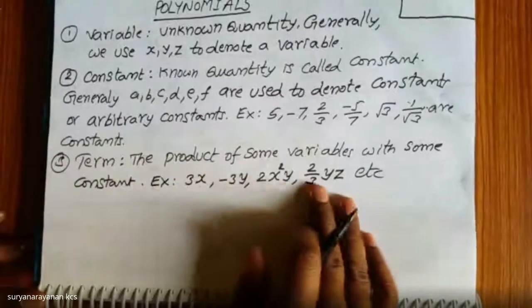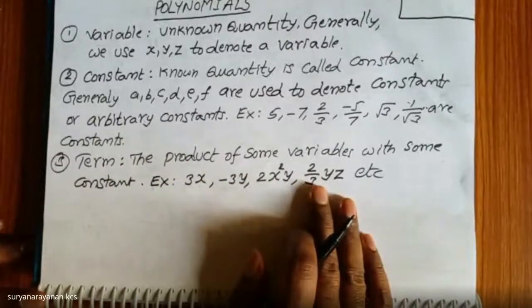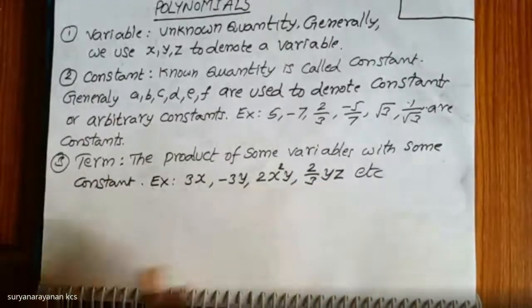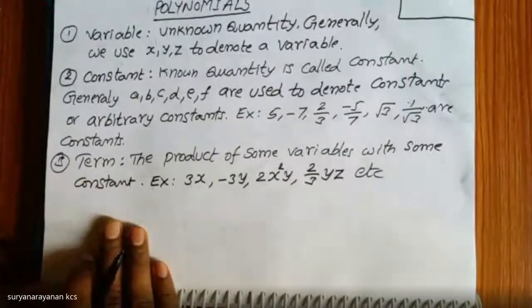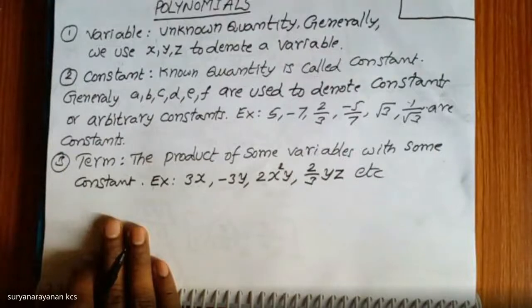Understood these examples, my dear children? What is meant by a term and examples of terms? Yes, sir. Here, in any term, there are two parts, namely numerical coefficient and literal coefficient.